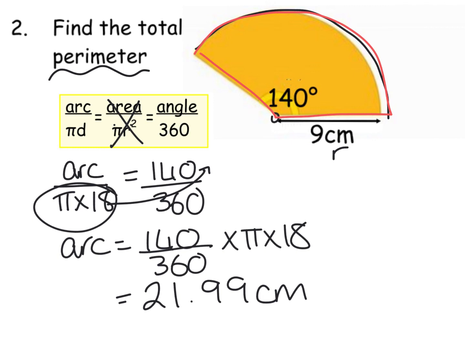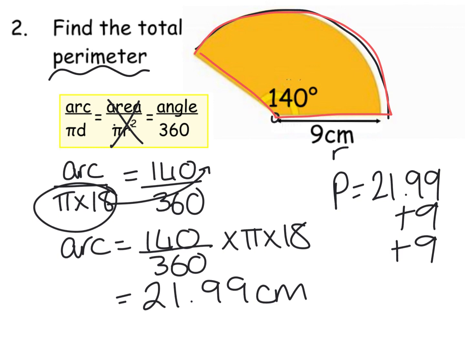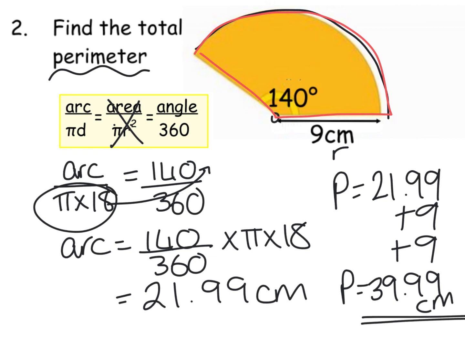So I'm just going to leave it working at the side. I'm going to say perimeter equals 21.99 plus 9 plus 9. I don't have room to fit it in. And then if I add that on, I would get 39.99. So 39.99 centimetres for my final answer.